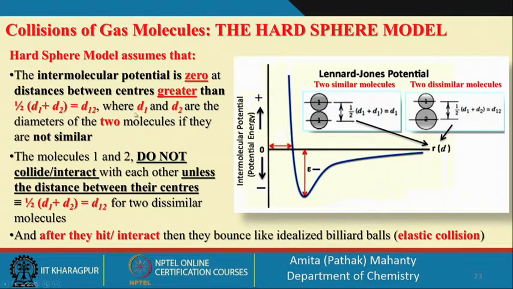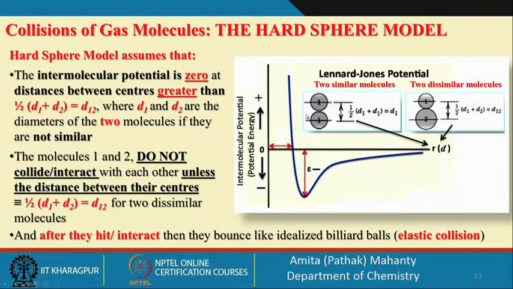The intermolecular potential is supposed to be 0 at a distance when the centers, this is one center, this is another center, when the centers of the two molecules differ by d1 for similar molecules, or by half of d1 plus d2 for two molecules which are dissimilar.